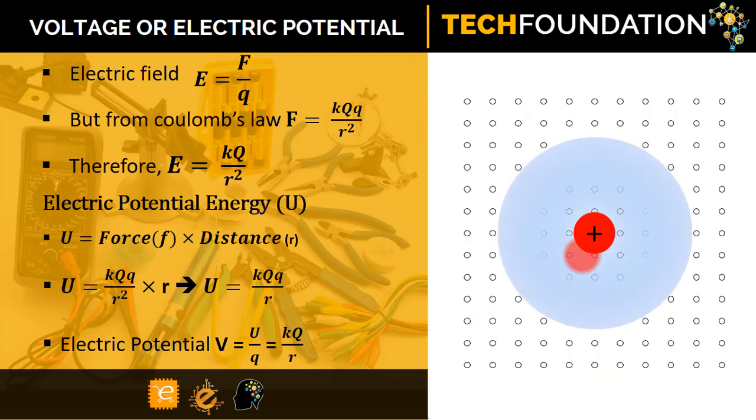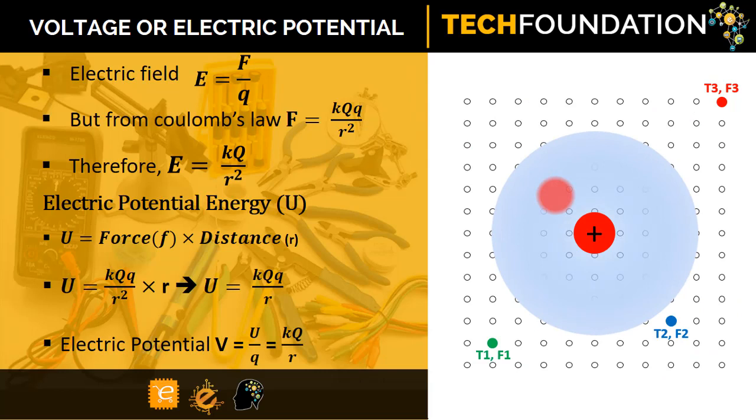So when we put another positive charge in this space, let's say we put one here, one there, and another one here, these charges would experience the force exerted by the positive charge.